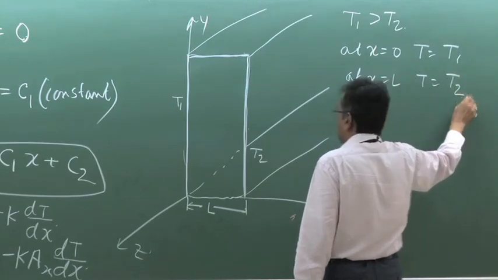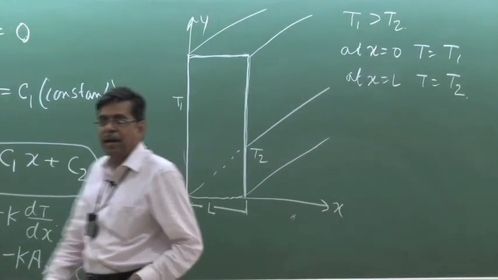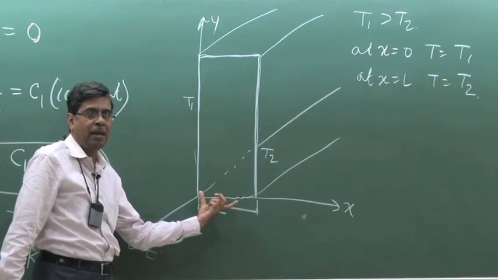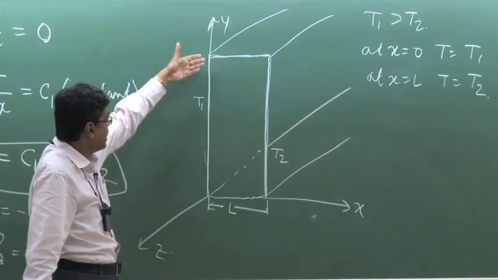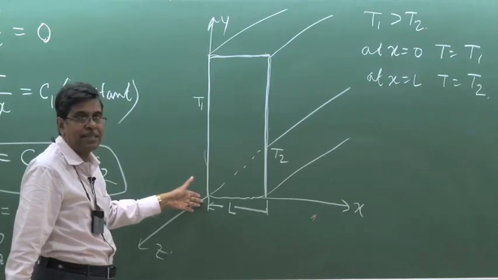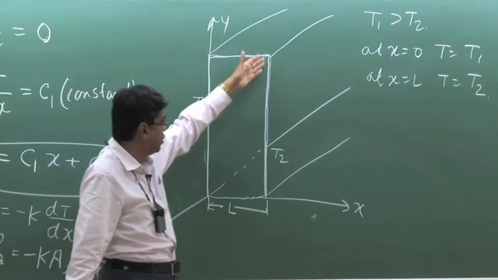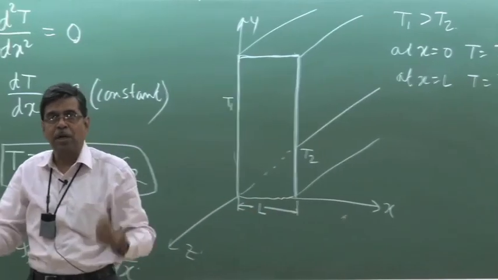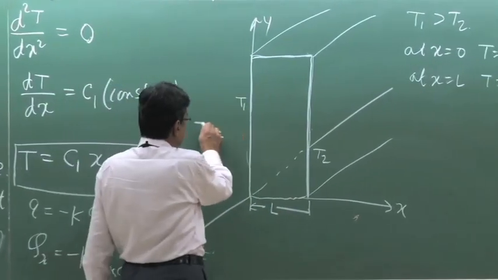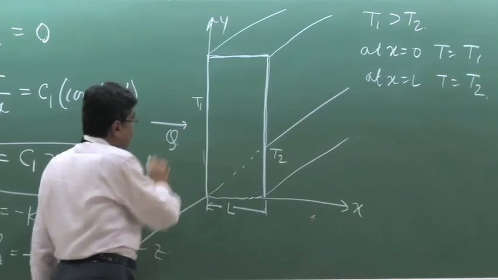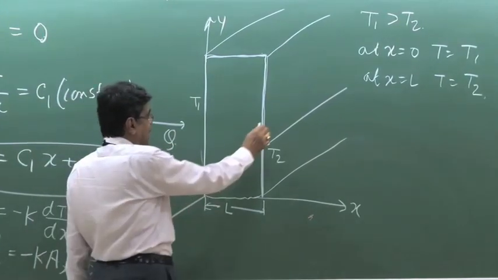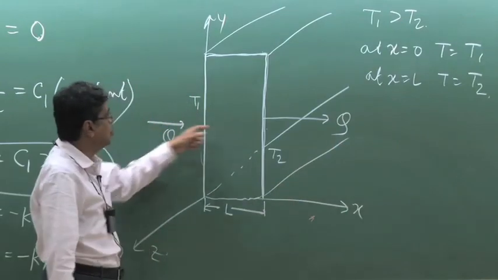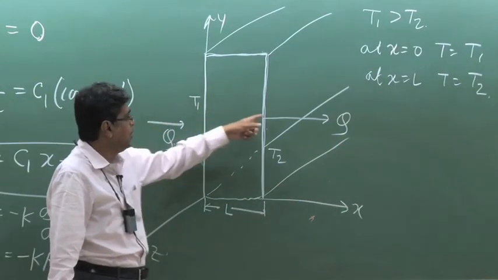That means a problem is prescribed like that, a long wall with thickness L, having the left hand surface at T1, which is higher than the right hand surface T2. Write the expression for heat flux q, total heat flux or heat transfer Q, under steady state. As we know, under steady state the same heat flows through this, whatever is coming in is going out.